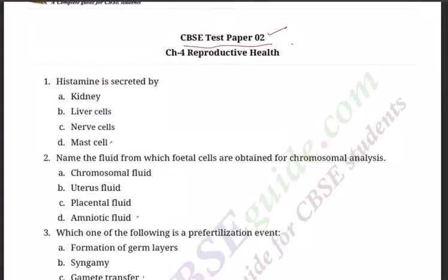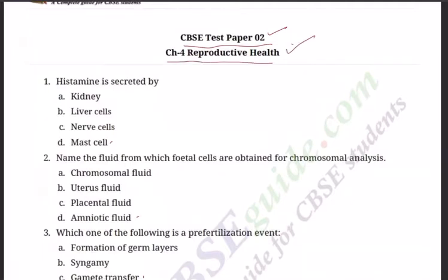The basic purpose of doing this is to make you familiarized with important concepts of the chapter as well as the type of questions, the typology of the questions that come and how to answer them, and the important diagrams, how to draw, how to label, and writing the significance of each label. All this will help you to prepare well for the board exams.